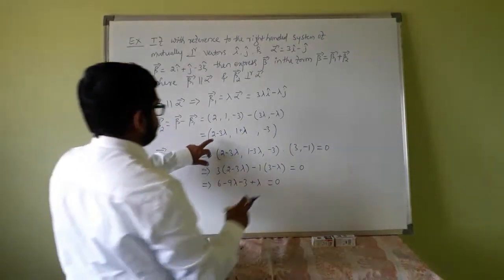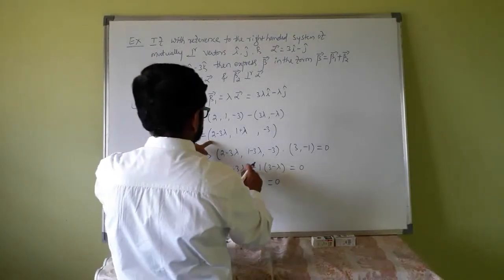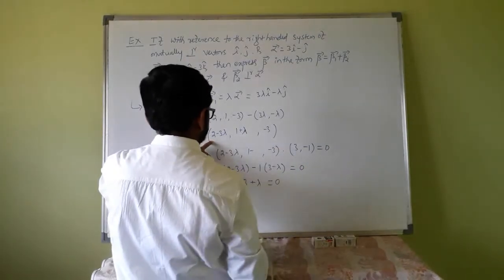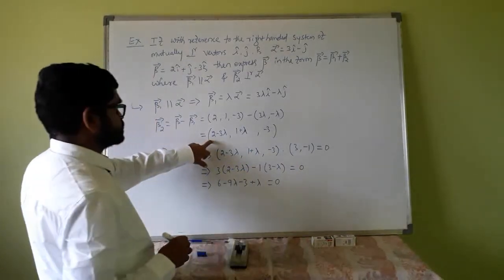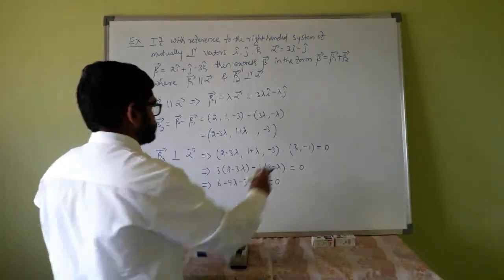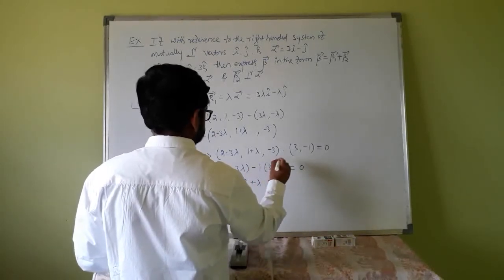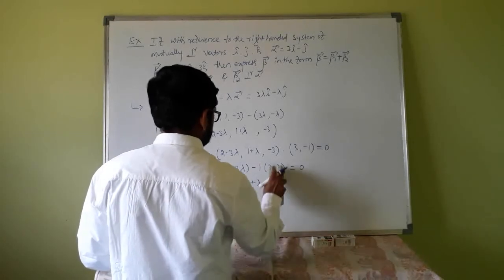See, 3 into this is 1 plus lambda, minus 3, 3 into this much, minus 1 into 1 plus lambda.